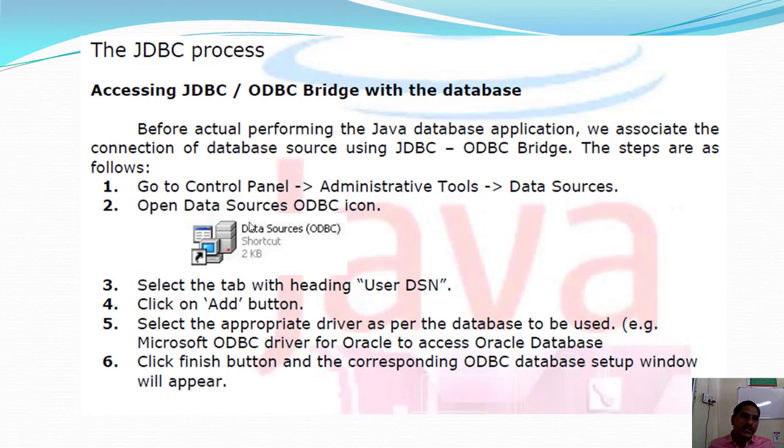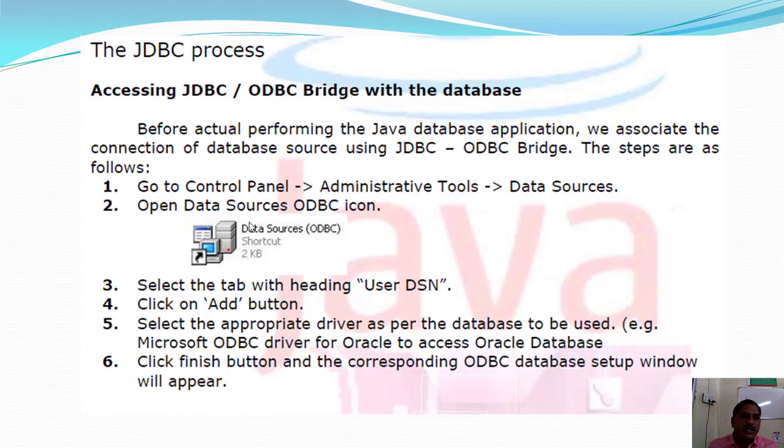First step is to go to the control panel. In administrative tools, select the data sources. Second step, open the data sources ODBC icon. See this icon, click on it and open it. Third step, select the tab with heading user DSN.